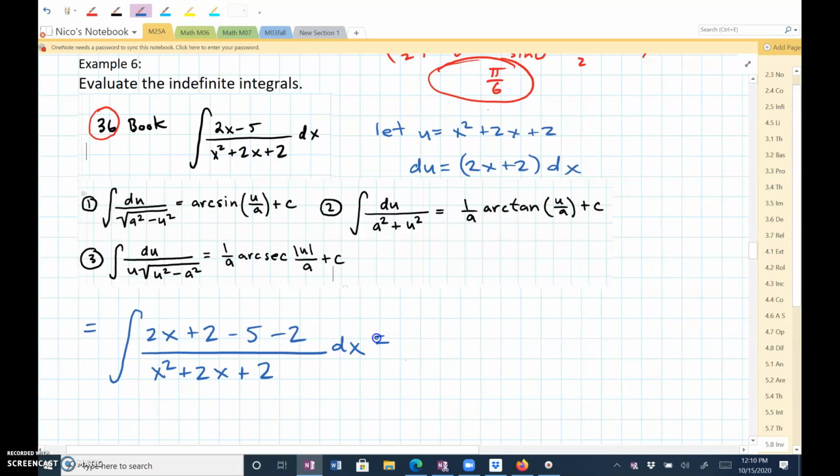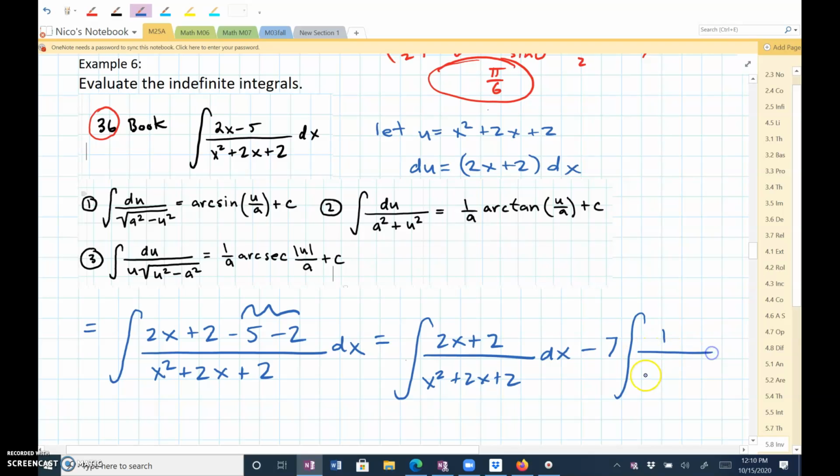So now another way to write this would be the integral of 2x plus 2 all over x squared plus 2x plus 2 dx, minus 7 times the integral of 1 over x squared plus 2x plus 2 dx.